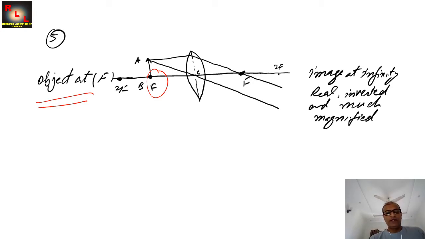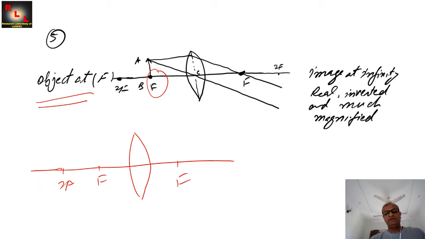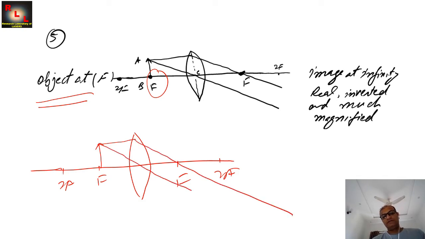If you try to redraw here, this is your lens, this is your f, this is your 2f, f here, 2f. So this is the object here. First thing, it should pass through f, and then you have a G frame. So it goes to infinity, real, inverted, and much magnified.